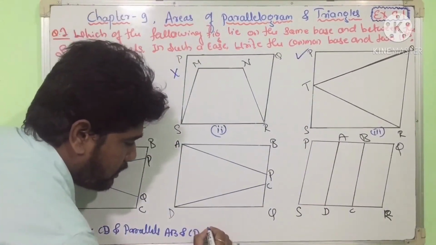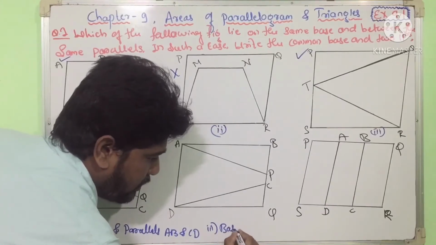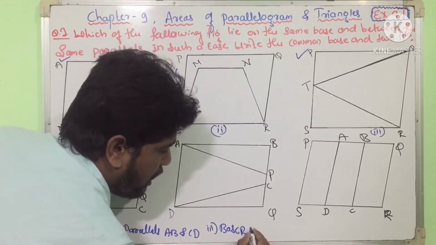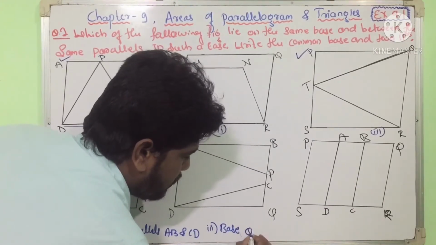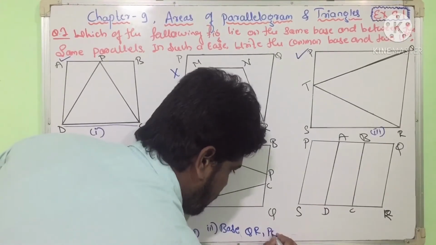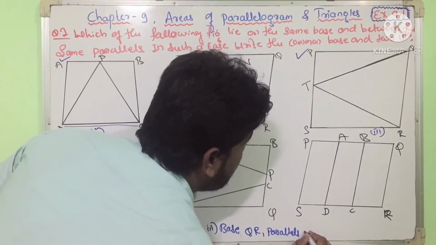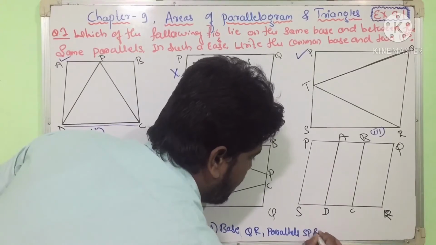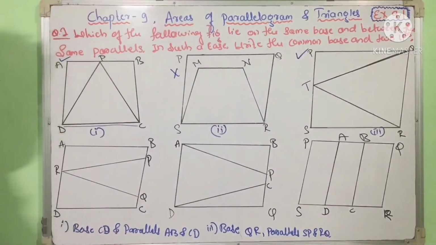Write down here for the third one: base QR, parallels SP and RQ, right?